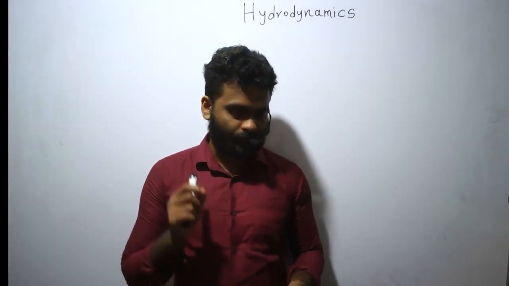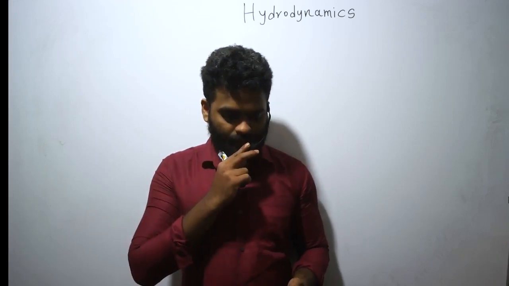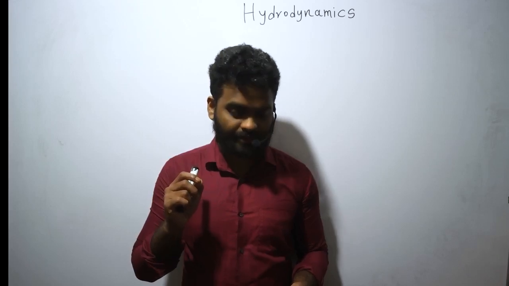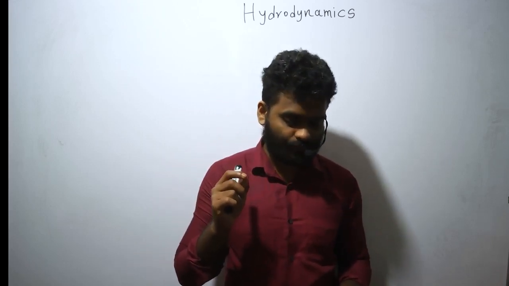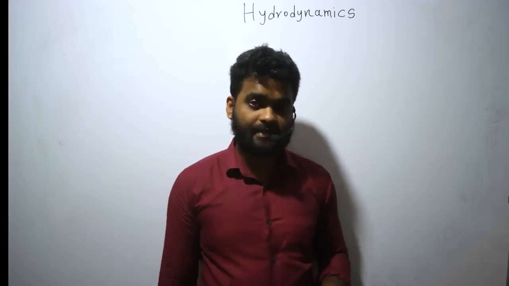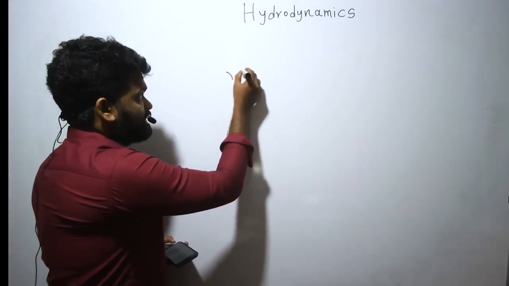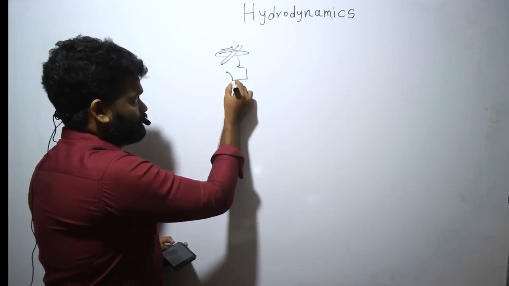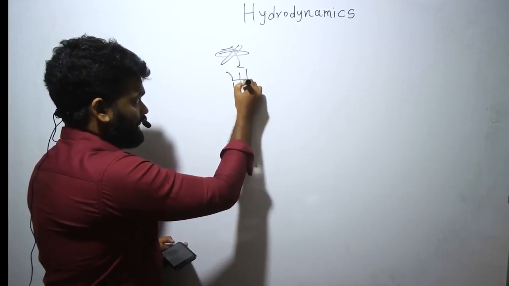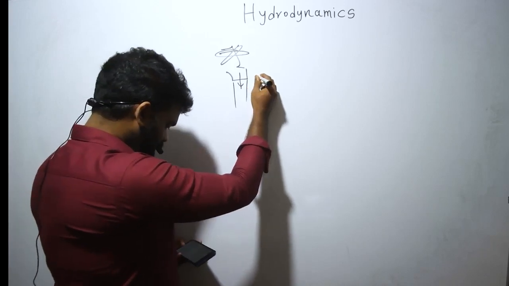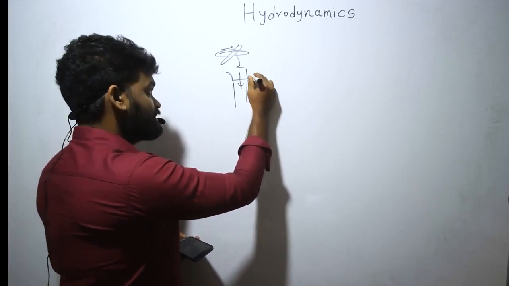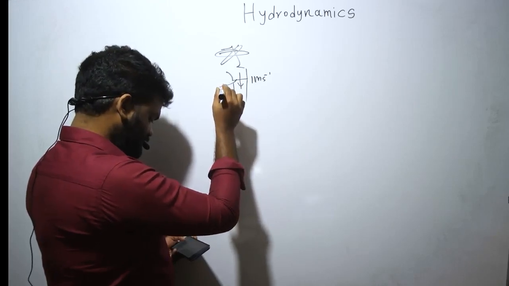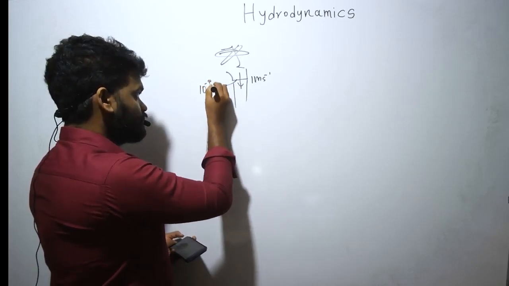Right, fourth one. Water falls steadily through a pipe with cross-sectional area 10 to the minus 4 meter squared at 1 meter per second. So it is a tap, right? So from here water falls and the speed is given as 1 meter per second and the cross section 10 to the minus 4 square meters.